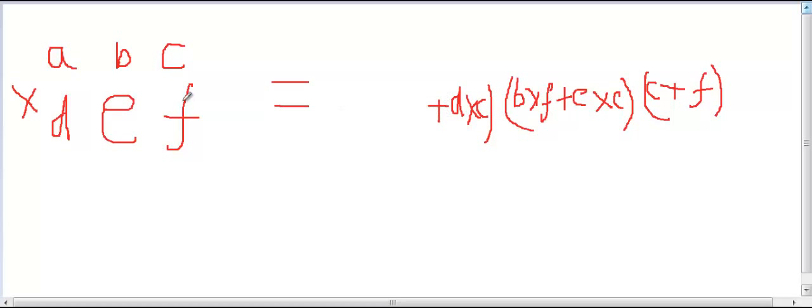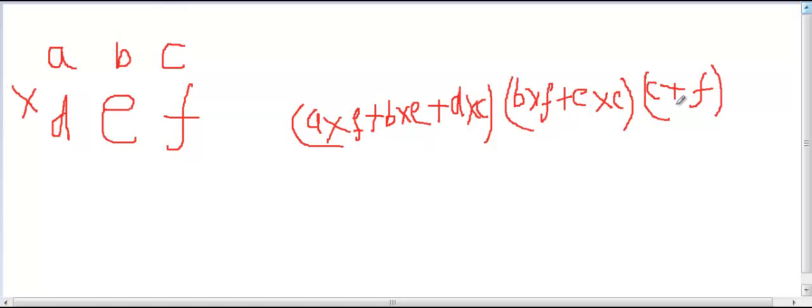This will be added with B multiplied by E, and this will be added to A multiplied by F. Okay, let us erase this so that we can have some space. Okay, you just bracket it.